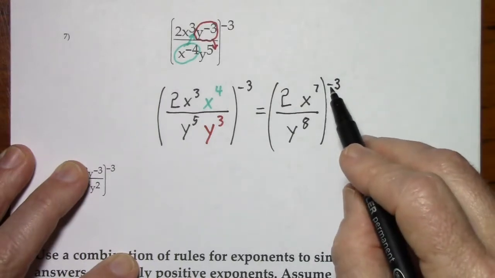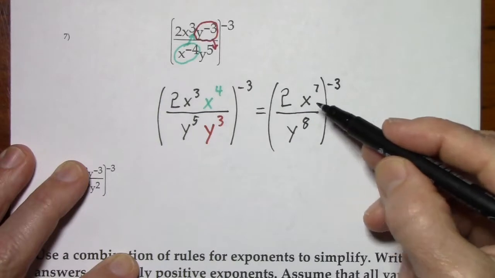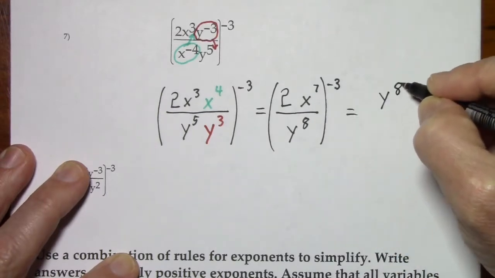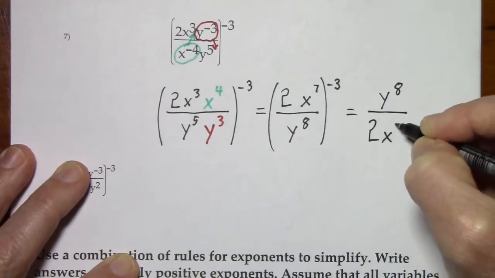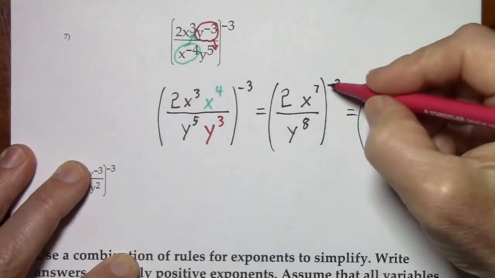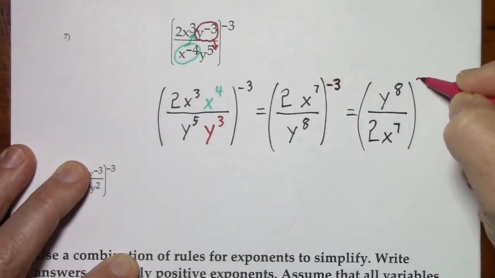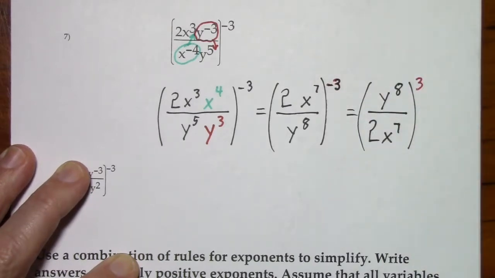So to get rid of this negative exponent, I'm going to take the reciprocal of this entire fraction. And now instead of a negative 3, this is all raised to a positive 3.